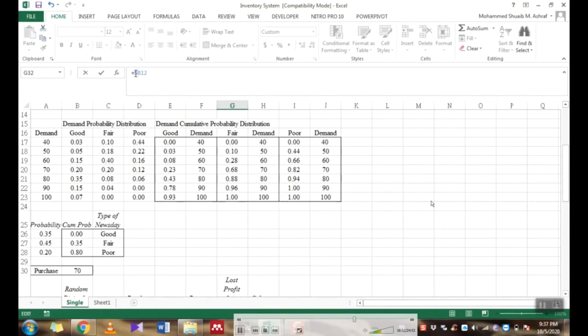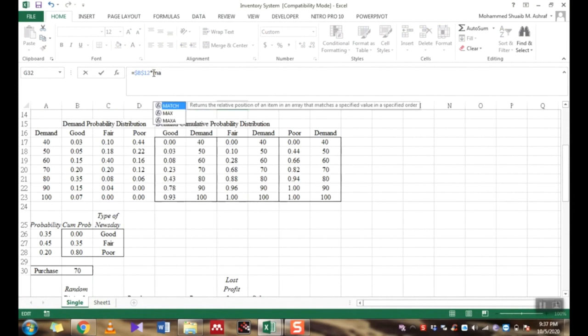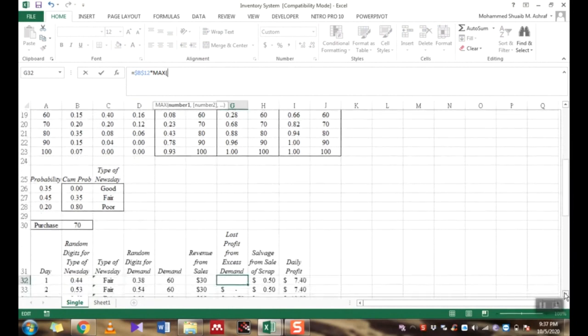So multiplied by the maximum of E32, this value.